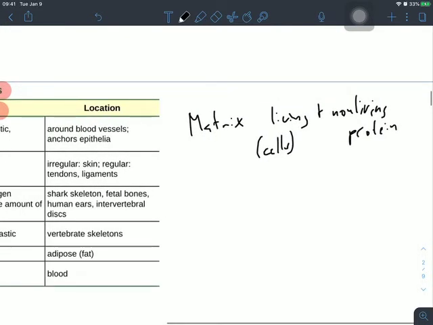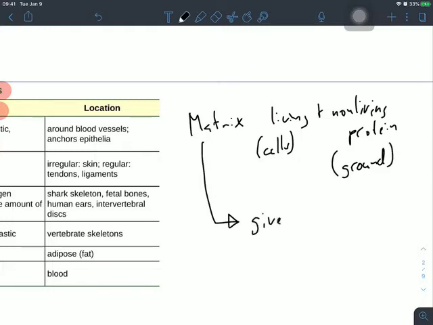We oftentimes call that non-living matrix the ground tissue in our connective. Now, the matrix itself, the fact that we have this web of living cells and non-living proteins in a mesh, is what gives connective tissue its density. And that is the defining factor about connective tissues. They're quite dense.